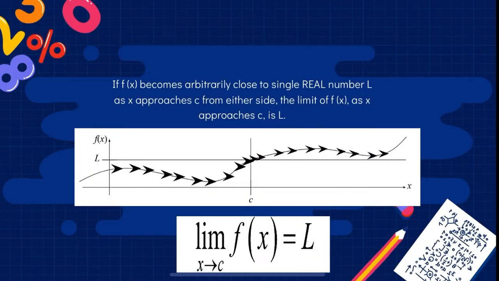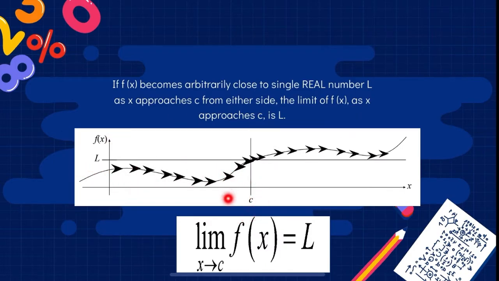So let's read this. If f of x becomes arbitrarily close to a single real number L as x approaches c from either side, the limit of f of x as x approaches c is L. What does that mean? This means that as x approaches c, the limit of f of x will be equal to L. So let's look into this.